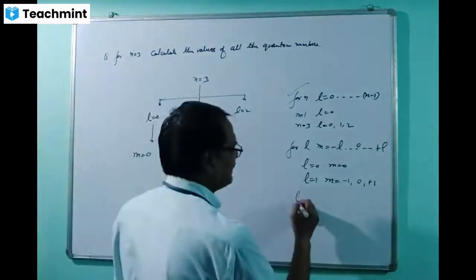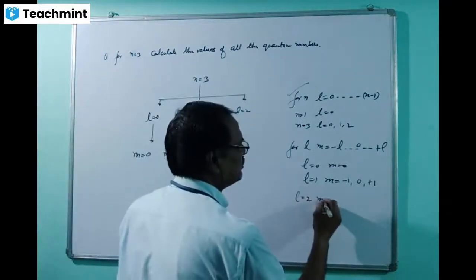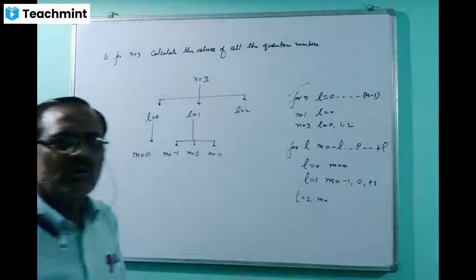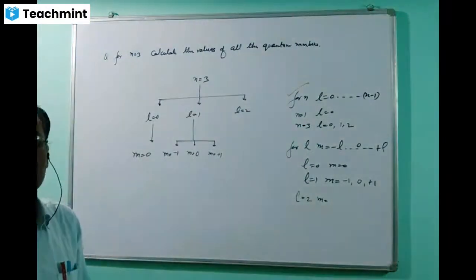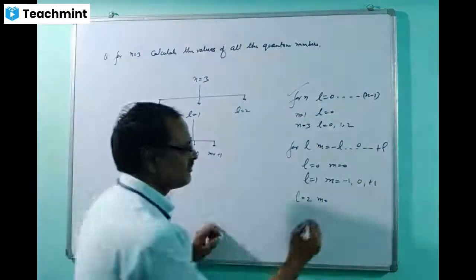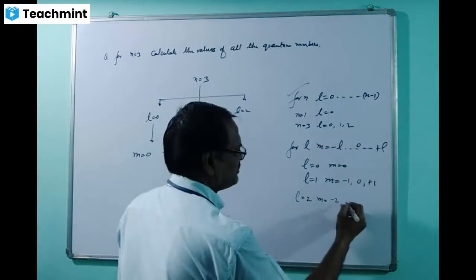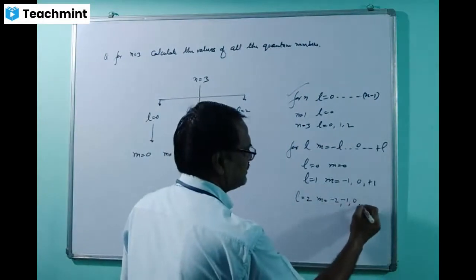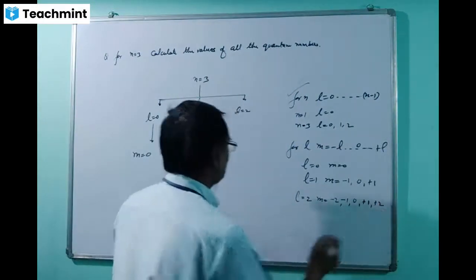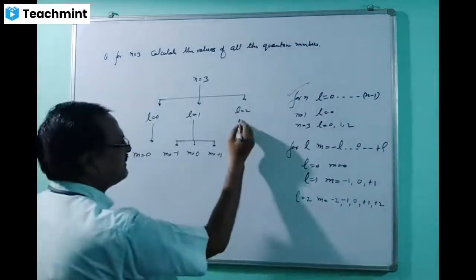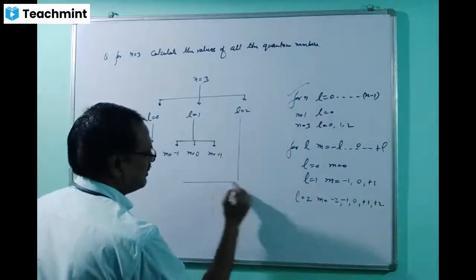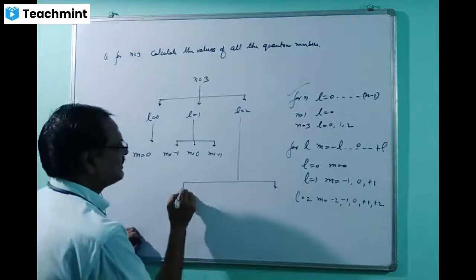In the same way, for l is equal to 2, what are the values of m? Minus 2, minus 1, 0, plus 1, plus 2. Yes, correct. So I am taking that here.